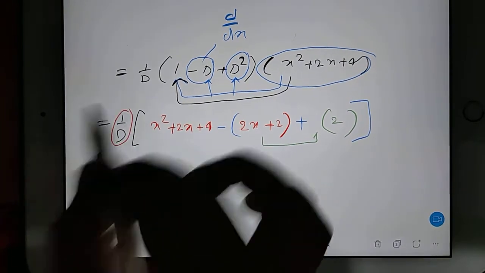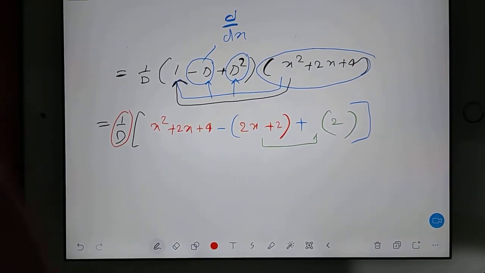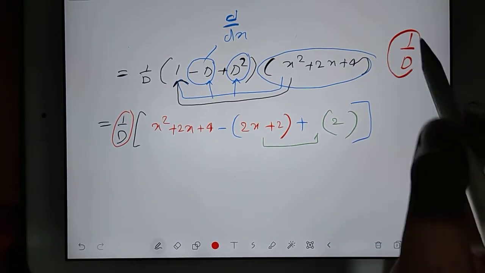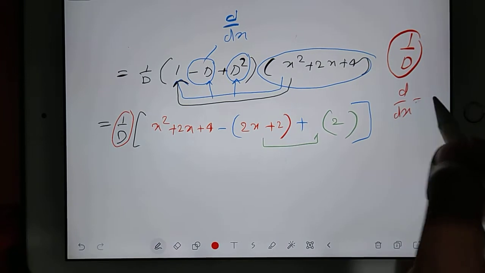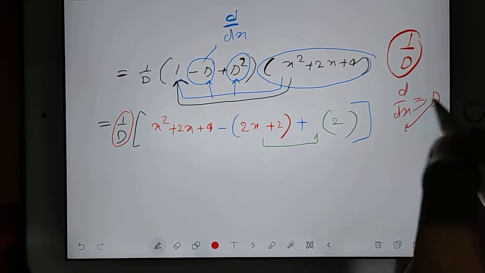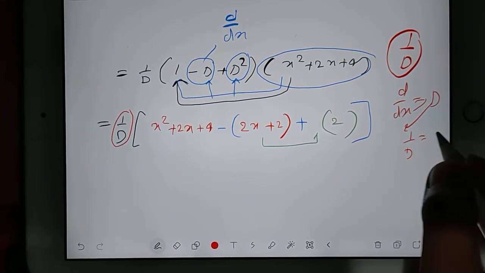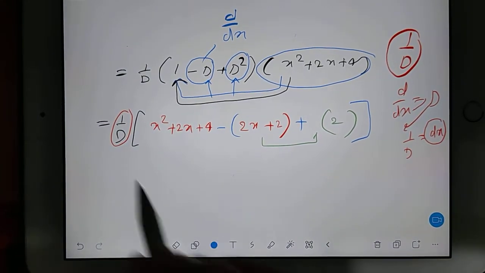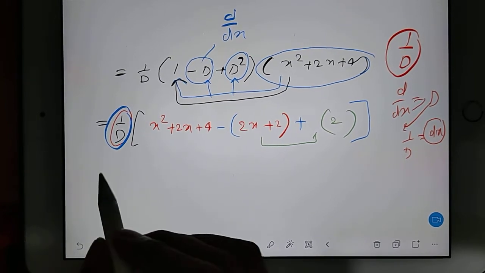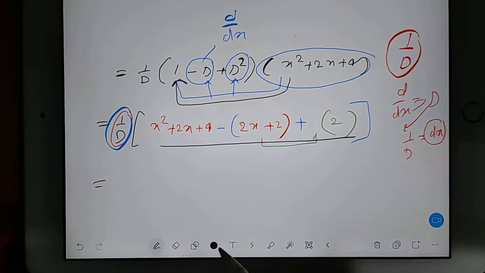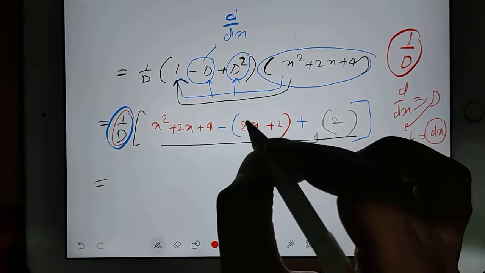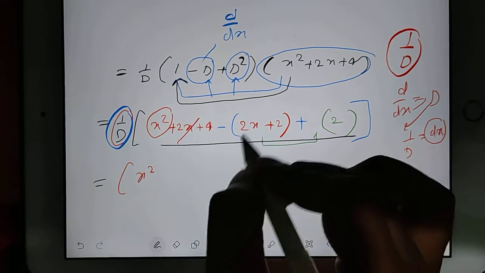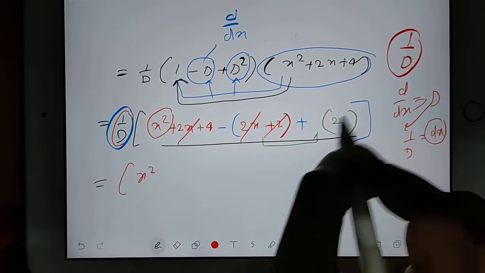But still this d is here. So I told you, you have to use your basic IQ. What is your basic IQ? See, d by dx is equal to d, correct? Send this d here, send this dx here. So 1 by d is nothing but integration with respect to dx. You have to integrate now. So whatever we have got here, x square, this part, then this 2x will get cancelled, and this minus 2 will get cancelled.